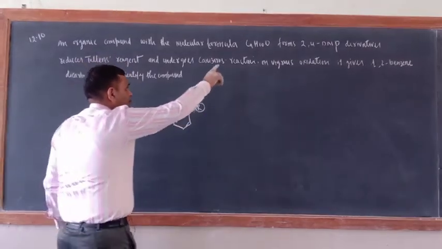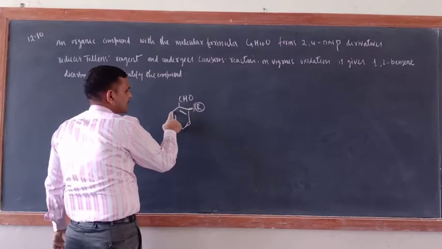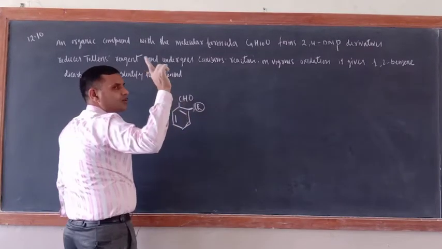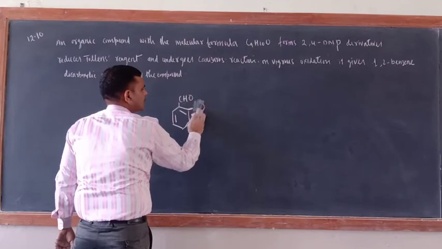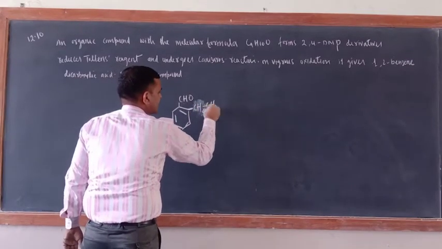Now what is the formula? C9. So 1, 2, 3, 4, 5, 6, 7. Now 2 carbon atoms should be more, so the alkyl group is CH2CH3.